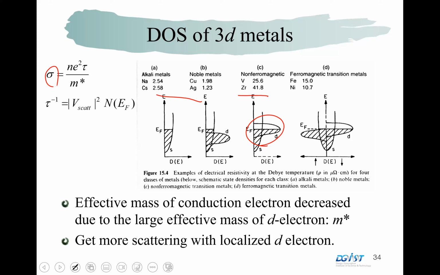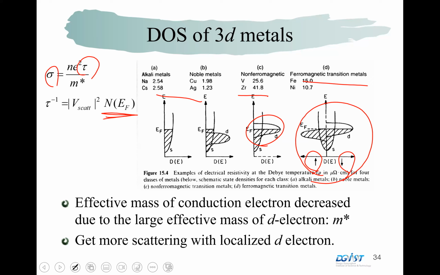And also in ferromagnetic transition metals, we have two bands for spin up and spin down. We have separate bands, and one band has a large conductivity and the other band has a small conductivity. Also, the relaxation time depends on the details of the Fermi level density of state.